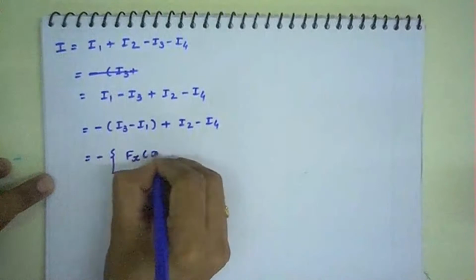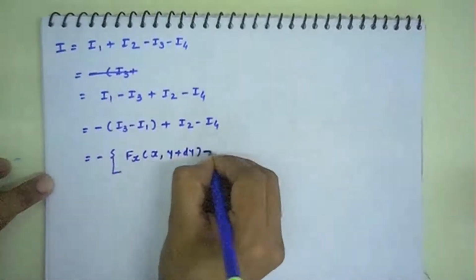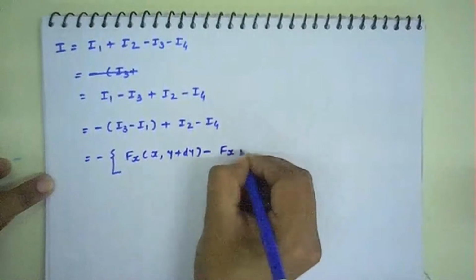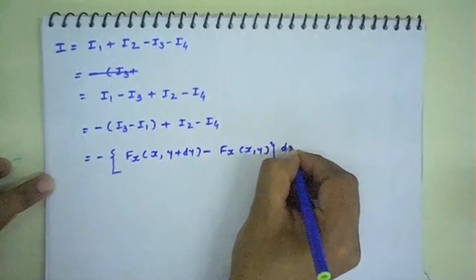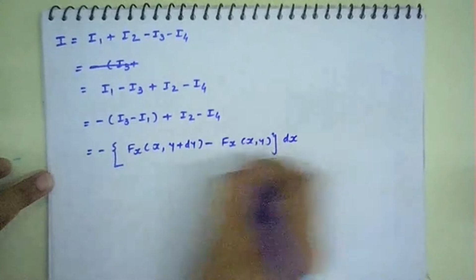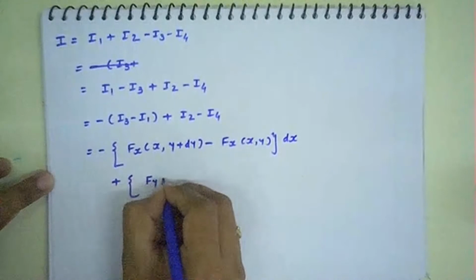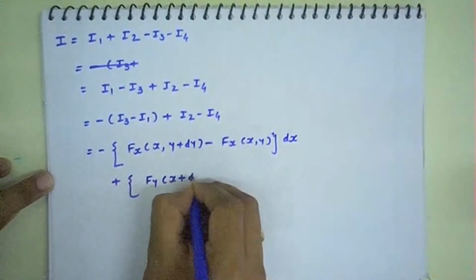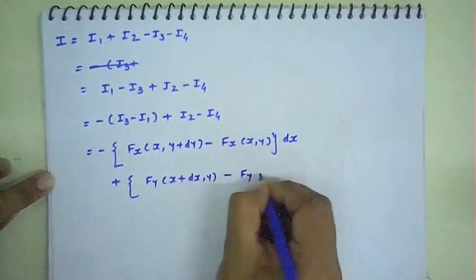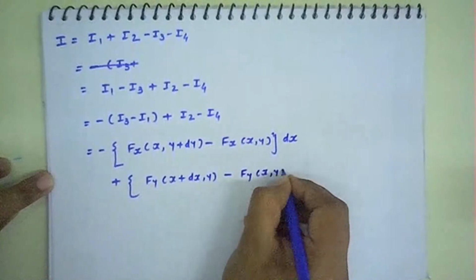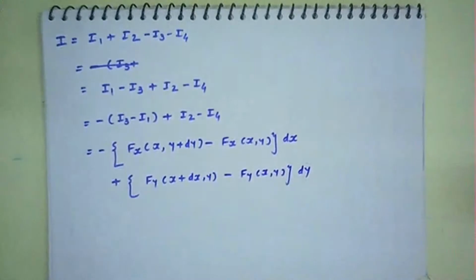Now whatever value we got, we are substituting in this: minus Fx(x, y plus dy) minus Fx(x, y), taking dx common, plus Fy(x plus dx, y) minus Fy(x, y), where y is taken common.